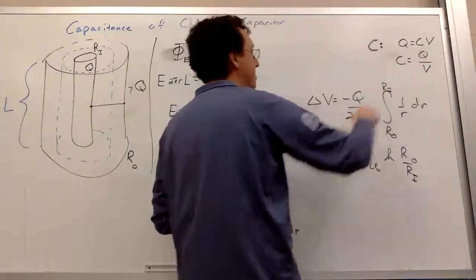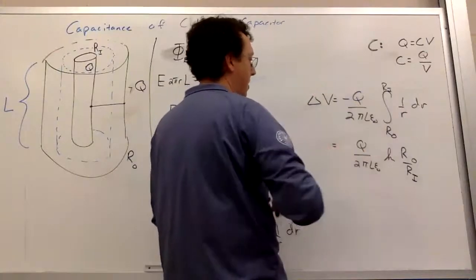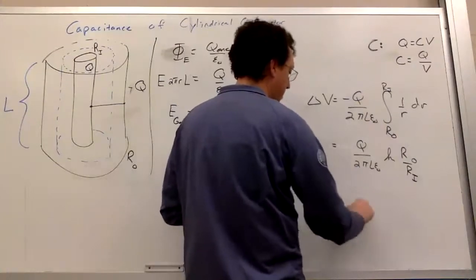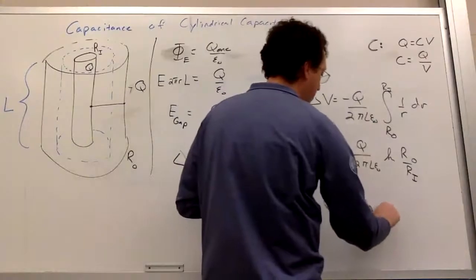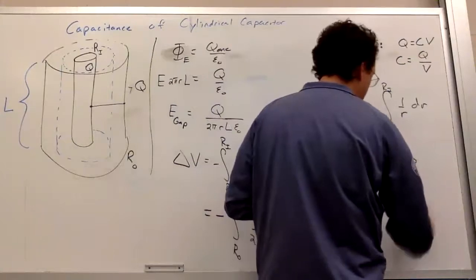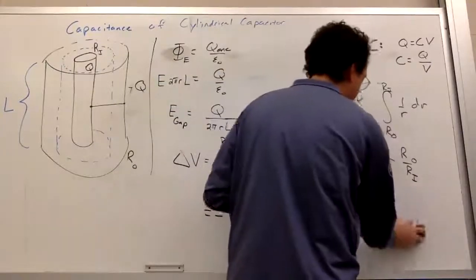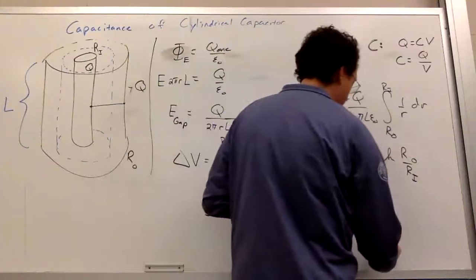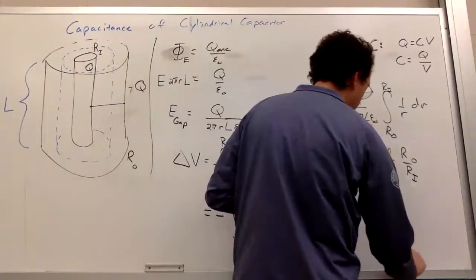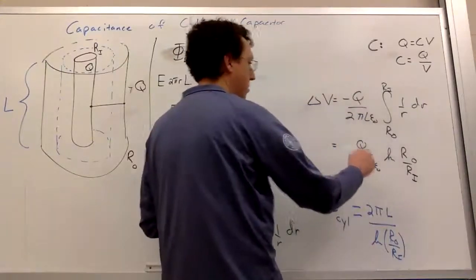So the capacitance is Q divided by V. So I learned that the capacitance for a cylindrical capacitor equals 2 pi L divided by the log of R outer divided by R inner, and I have to multiply by epsilon naught.